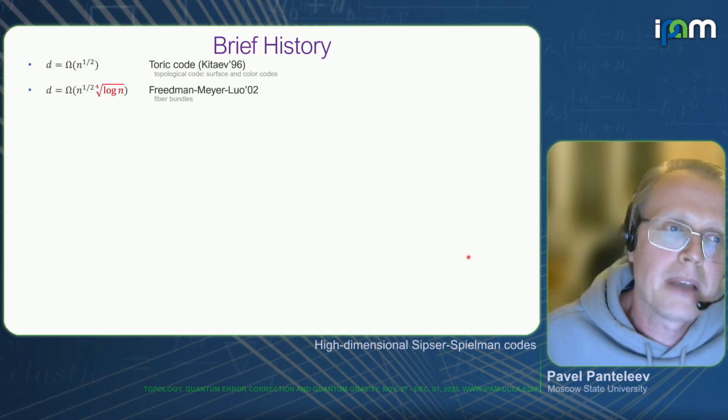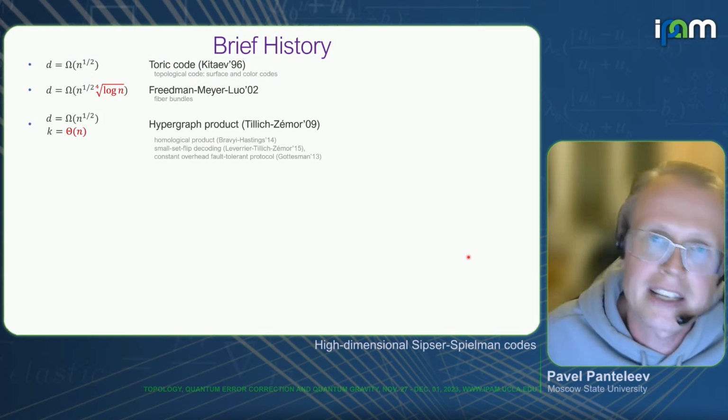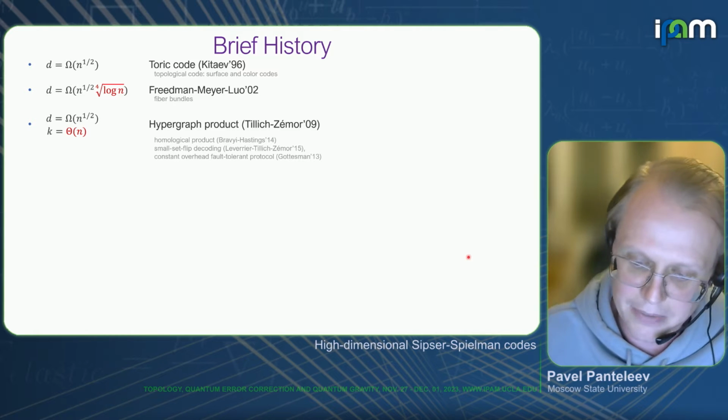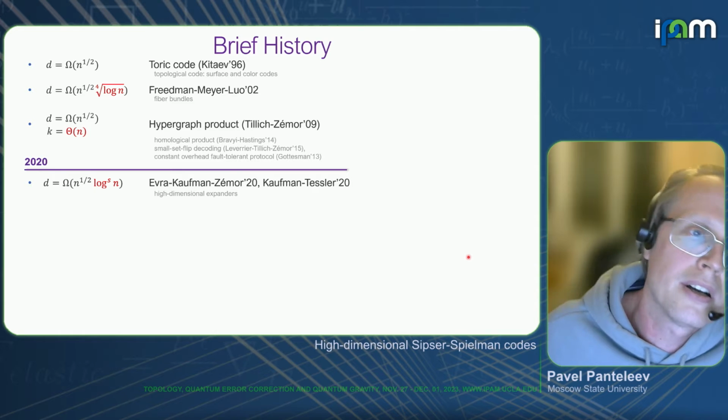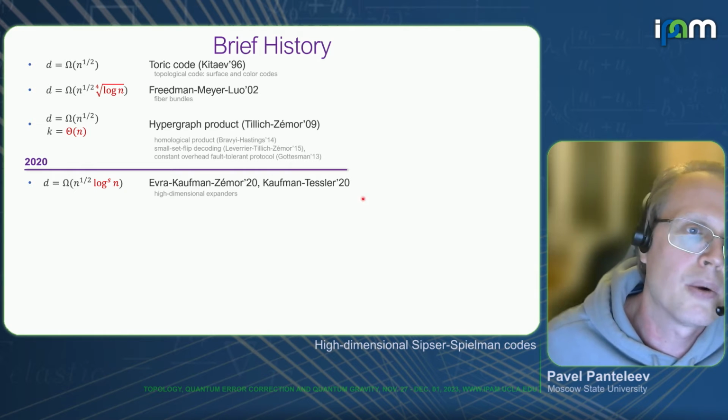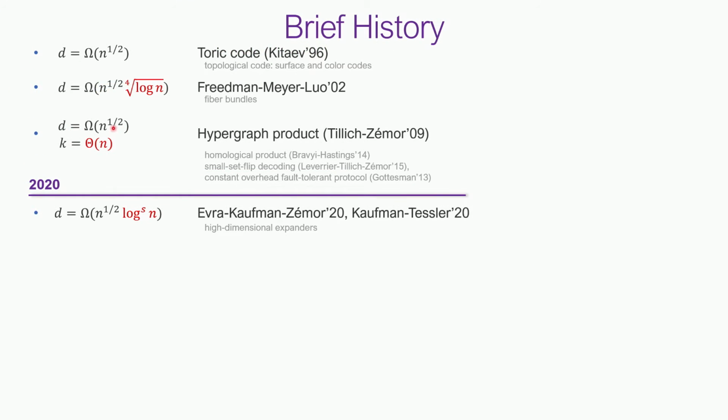Okay, let me very, very briefly discuss the history of this subject. So before 2020, all we had were codes where the minimum distance was almost like square root of n. And then something magic happened in 2020.